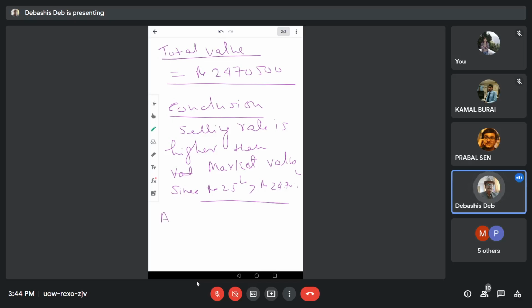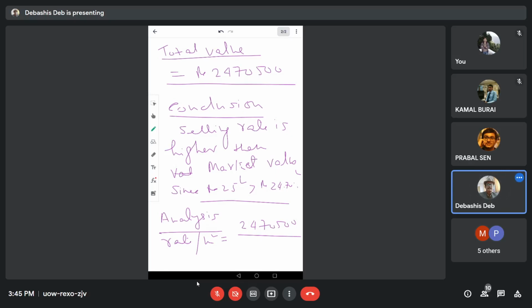Now analysis. Now we can analyze this. Our total price is rate per square meter. Our rate is coming as rupees 2470500 divided by the area of the land. What is the area of the land? If I don't consider equivalent area, that's total area of the land.